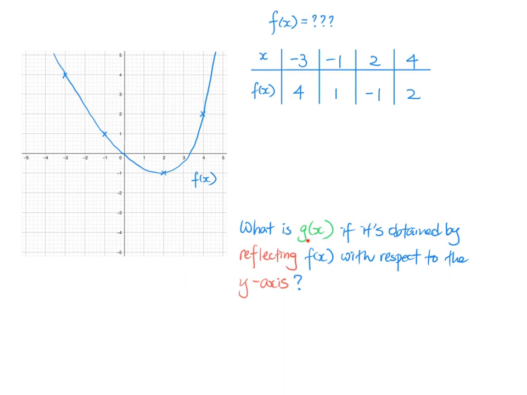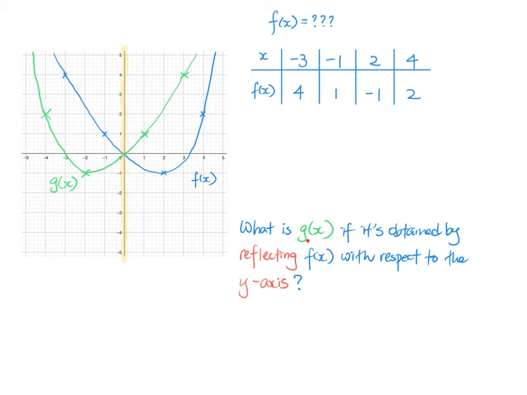Now let's come back to this, and this time we're asking, what is g of x, and how does it look if it's obtained by reflecting f of x with respect to the y-axis? So if we look at the points individually, this point would go here, and this point goes here, and this one goes here, and this one goes here, etc. And so the graph will look like this.